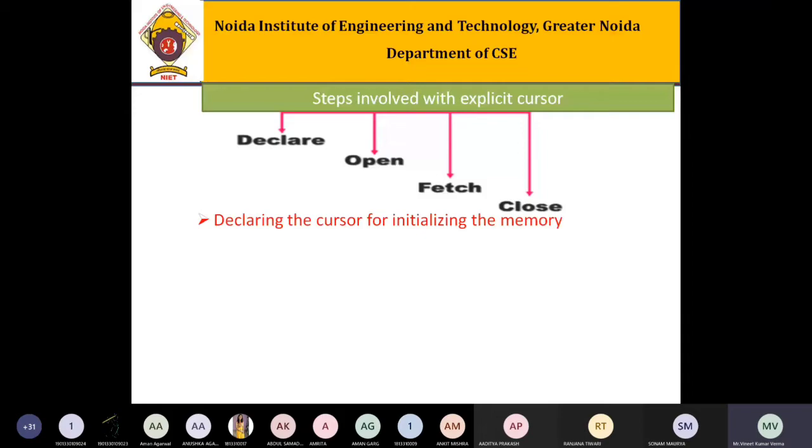What is the syntax? See here the syntax. We can write CURSOR, then cursor name, IS is the keyword that we use, followed by the select statement, right? So here we write the select or SQL statement. Over that SQL statement, the cursor is defined. It basically initializes the memory for the cursor. Now we have to open this cursor for allocating the memory, and we write OPEN and then the cursor name.